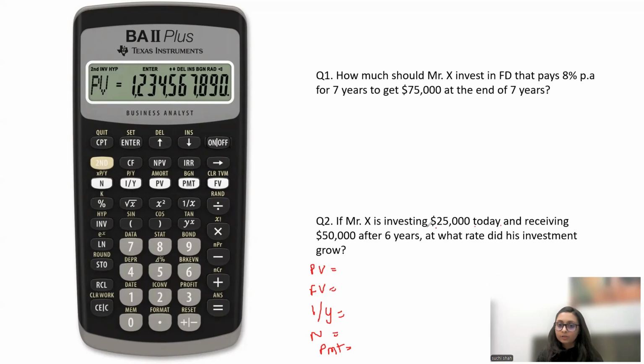We have present value. He is investing 25,000 today. It is an investment, means it is outflow from your end. And receiving 50,000 after 6 years. So you can say 50,000 is the future value. And after 6 years, N is 6. PMT we know, take 0 for now.